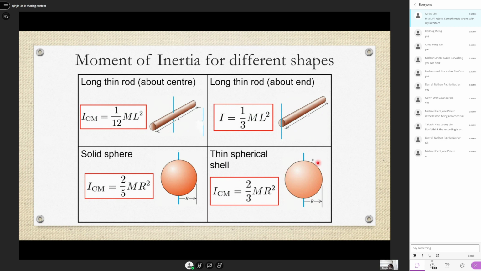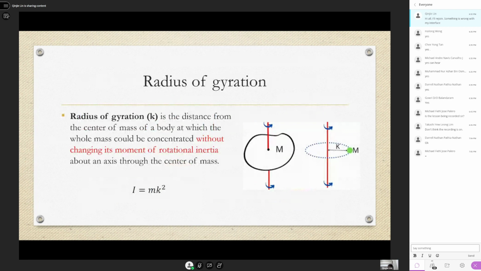This one, thin spherical shell, that means it's also a sphere, right? But inside is hollow. If inside is hollow, then it will be 2/3 mr square. And then there is this thing called the radius of gyration. It's just a concept, sometimes we see this radius of gyration when we deal with motion.